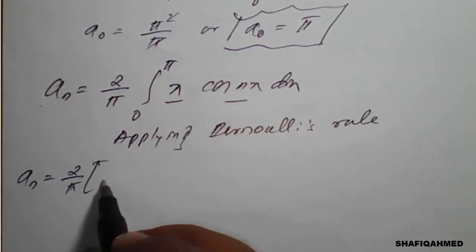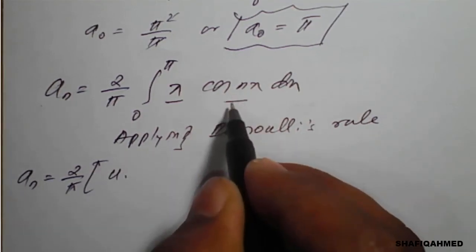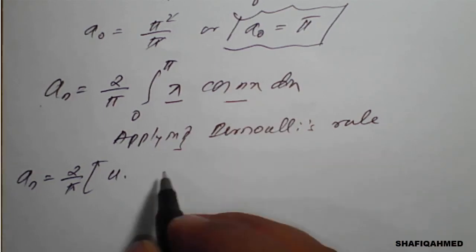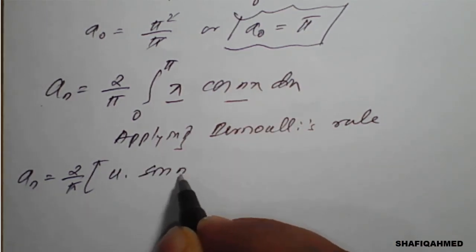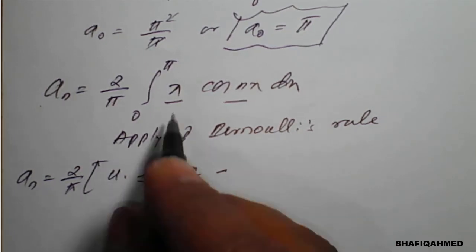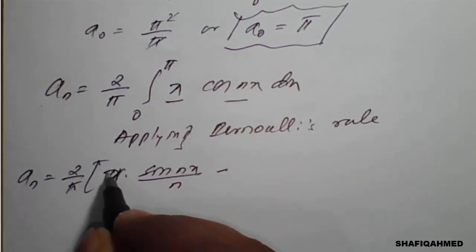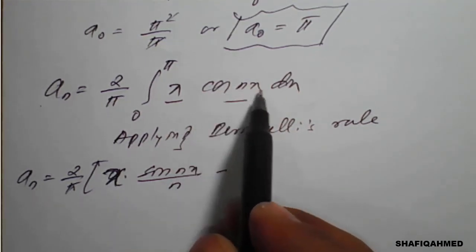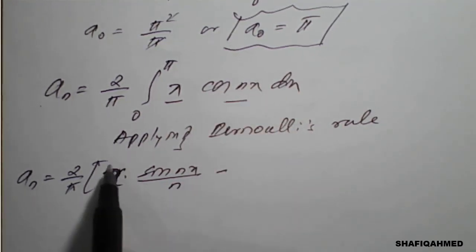We'll keep u, which is x, as it is. Integration of cos nx is sine nx upon n.